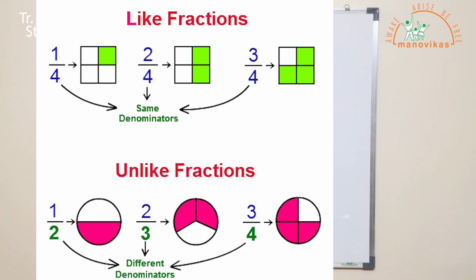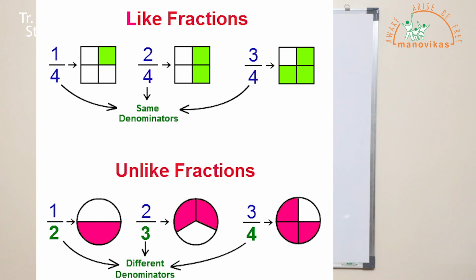In the second square, two out of the four parts are shaded. And in the third square, three out of the four parts are shaded. All the three fractions, 1 upon 4, 2 upon 4 and 3 upon 4, have the same denominators.